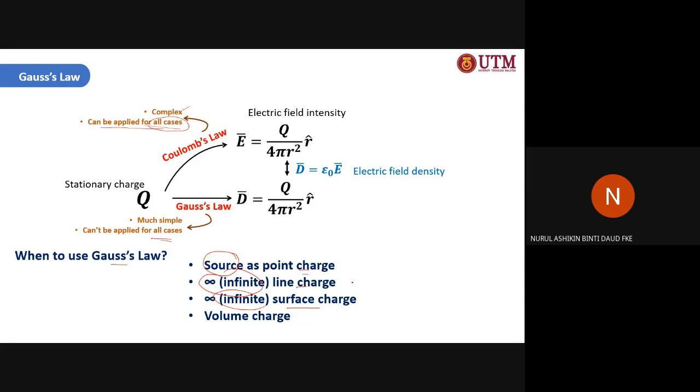If it is a finite line charge, can you use Gauss's law? No, you can't. If it is a finite surface charge, can you use Gauss's law? No, you can't. So please look at this, before you decide whether to use Gauss's law or Coulomb's law.